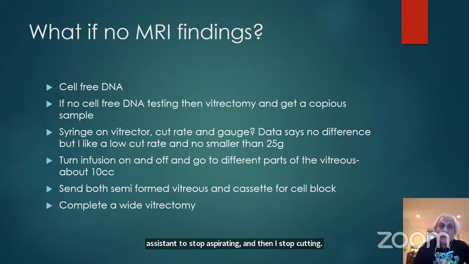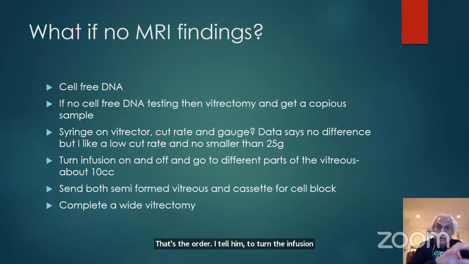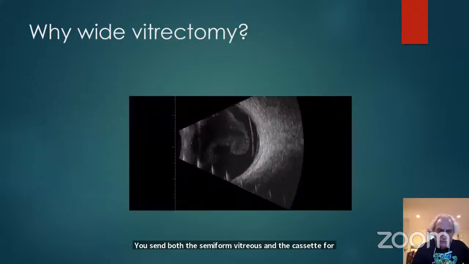That's the order. I tell them to turn the infusion on. The eye reforms. Go to a different part of the vitreous cavity and do the same thing until you have about 10 cc's of semi-formed vitreous. After that, you hook up the vitrector to the automatic cassette and you do a very complete vitrectomy. You send both the semi-formed vitreous and the cassette for a cell block, and that's about it.